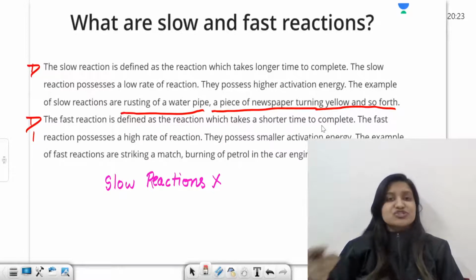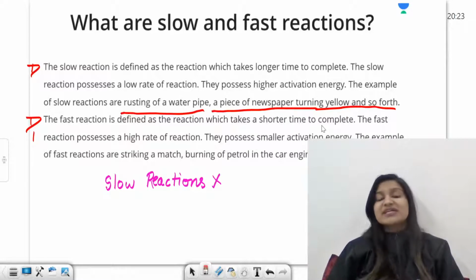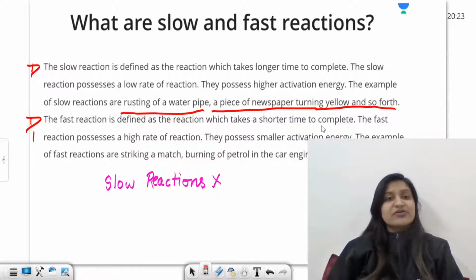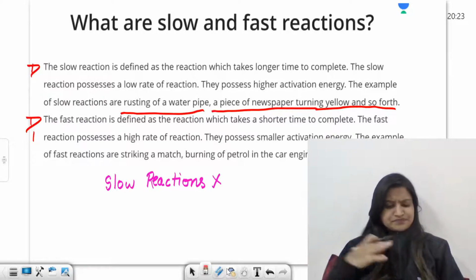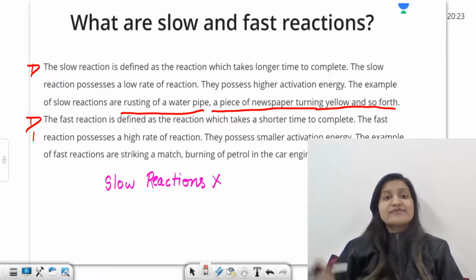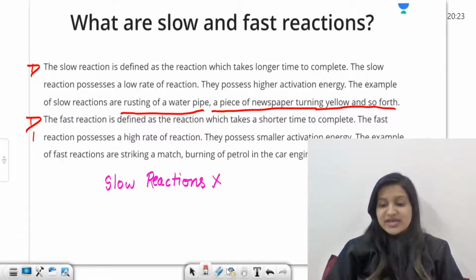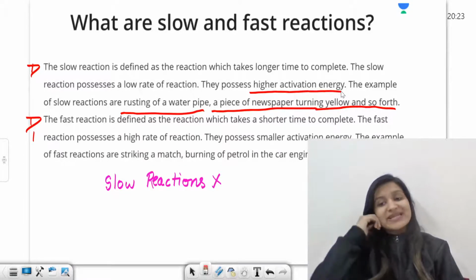Quite obvious, the faster the reaction, the higher its speed will be, right? So it would have a high rate of reaction. They possess smaller activation energy. Now, what happens in case of fast reactions? They have small activation energy. In case of slow reactions, they have higher activation energy. So we are comparing, okay?